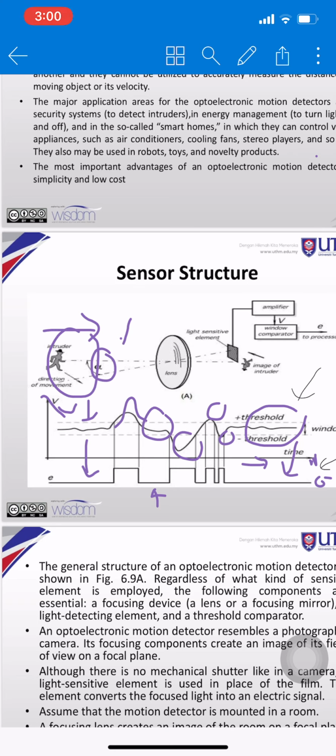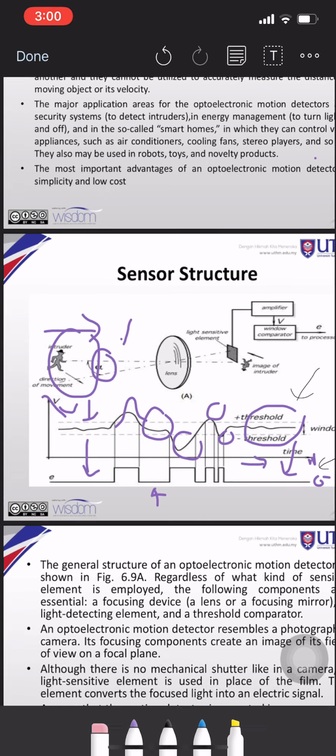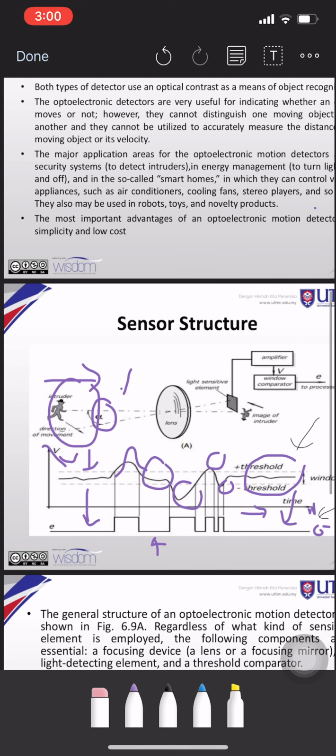The comparator generates a positive voltage, which is the function of the comparator inside this circuit.